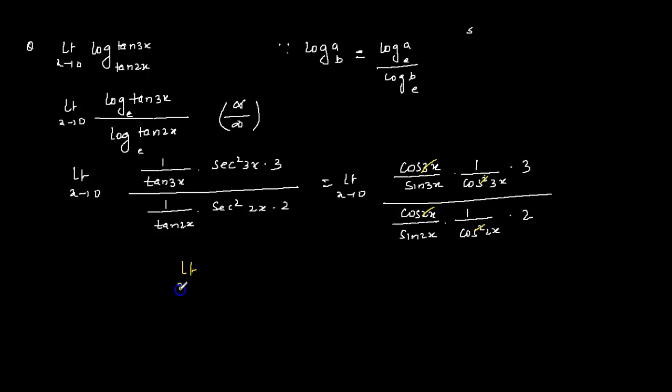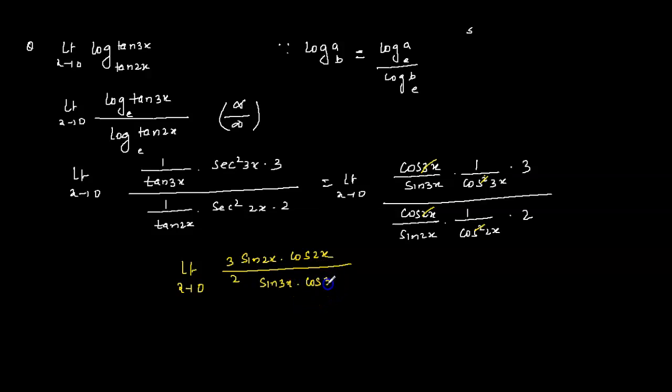So limit of x tends to 0. What will go up here? Sin 2x into cos 2x, and 3 will be as it is, divided by 2 sin of 3x into cos of 3x.